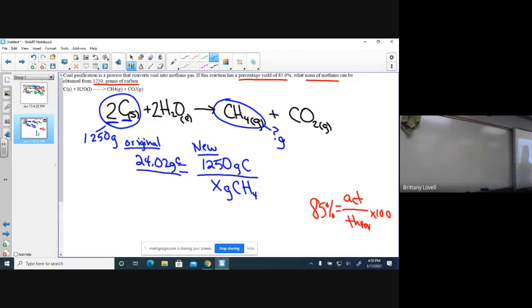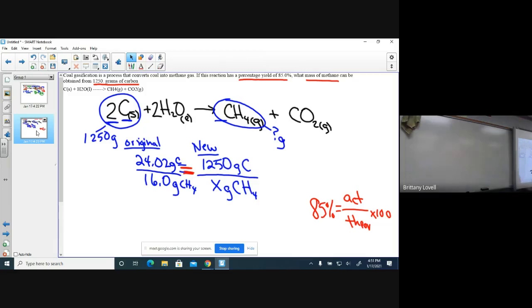And then look at this side. I have 1 mole of methane. So I'm just going to do carbon plus 4 hydrogens. So 12 plus 4, basically, is about 16 grams of methane. Okay. And I'm just going to set those sides equal to each other, right?